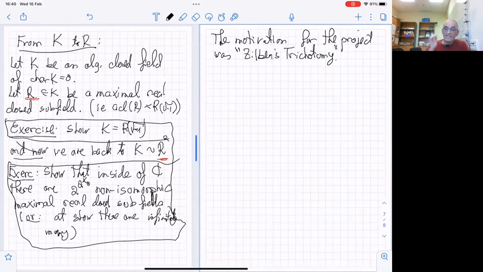But in particular, we proved there the following theorem that I want to discuss.